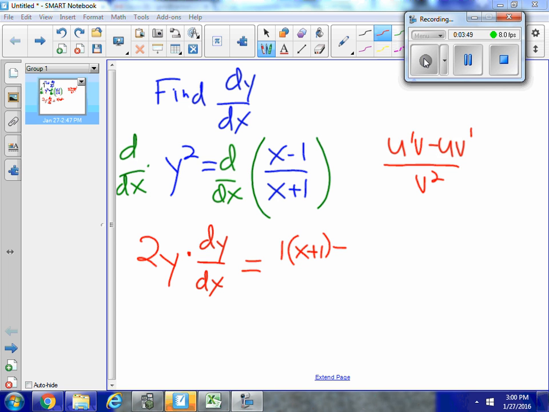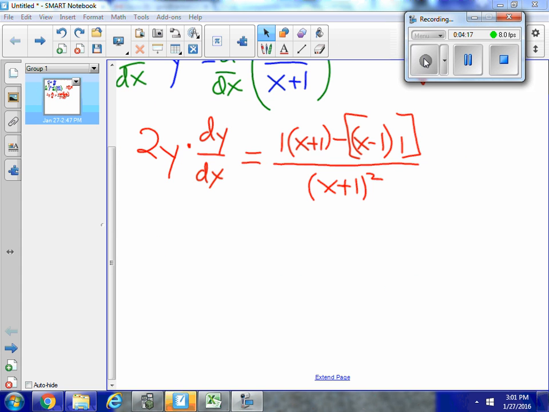And I'm going to subtract my numerator, which is x minus 1, in a bracket, times the derivative of my denominator, which again is just 1. And I'm going to divide that by x plus 1 squared, just using the quotient rule.